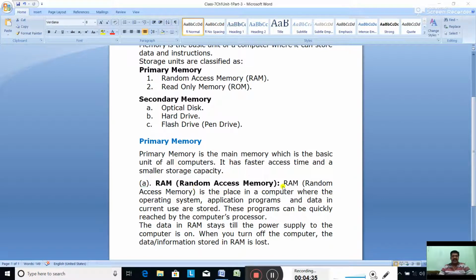RAM is the place in a computer where the operating system, application programs and data in current use are stored. These programs can be quickly reached by the computer's processor.